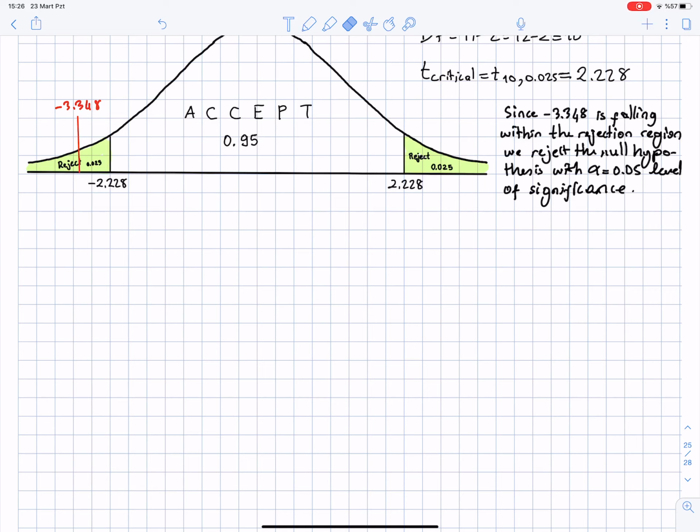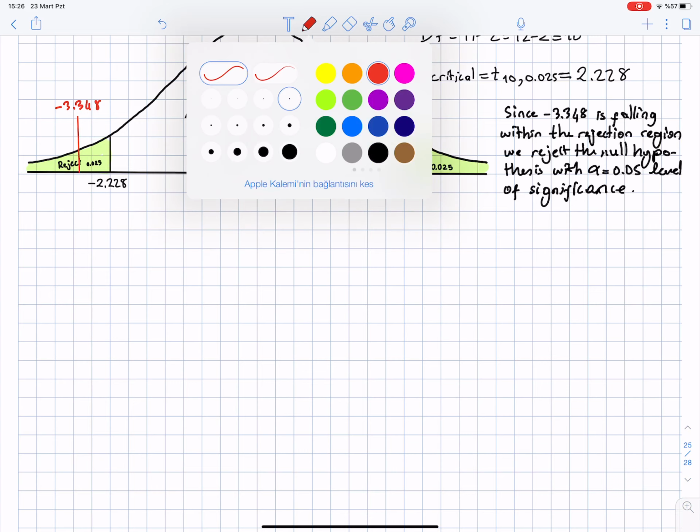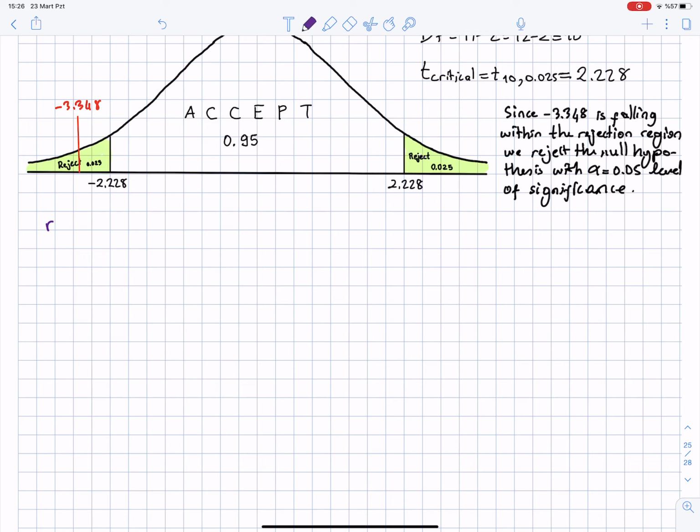The confidence interval is calculated as the Spearman rank correlation RS minus the critical value T critical times the standard error of the Spearman rank correlation, less than or equal to the actual correlation rho, less than or equal to RS plus T critical times the standard error.